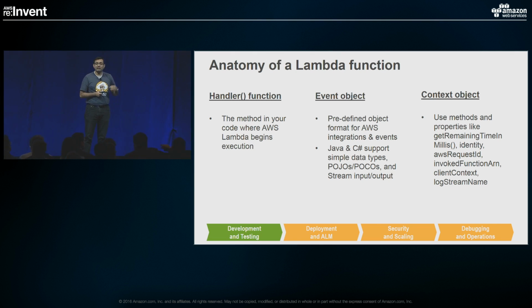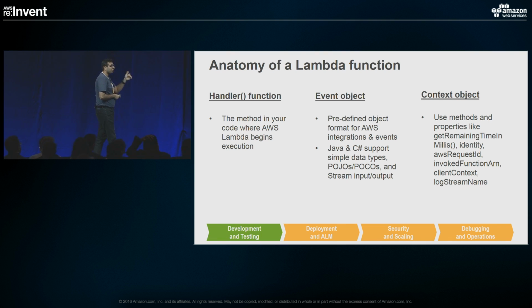The request that comes in, whether it's a direct API call request, in which case it's whatever your header is, or it's some event source which is triggering the function, the entire request will come as an object that your handler function is supposed to accept, and that's called the event object. So we have predefined object formats for all existing AWS events and integrations.